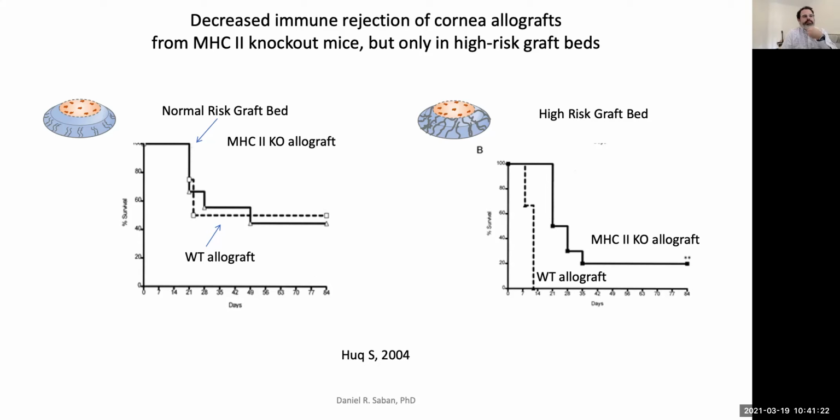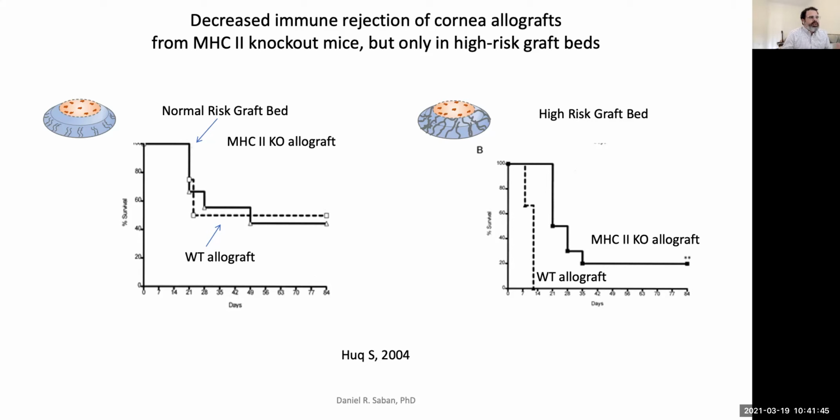So those were all descriptive studies, and now you want to ask whether there's a functional impairment based on this appreciation. What's nice about the cornea is that you can do corneal transplant studies. We know that there's something called passenger leukocytes.